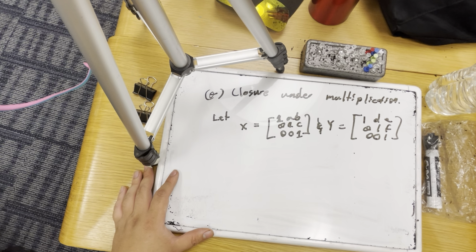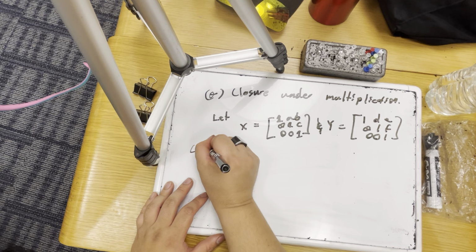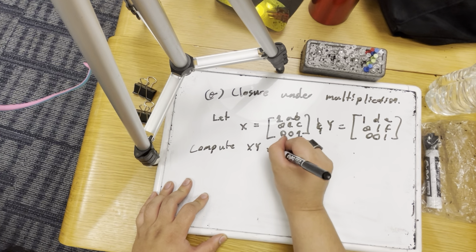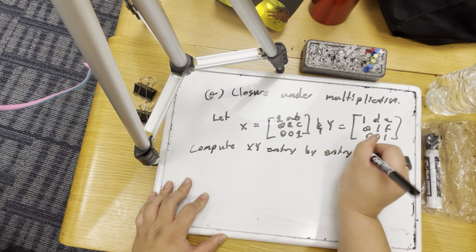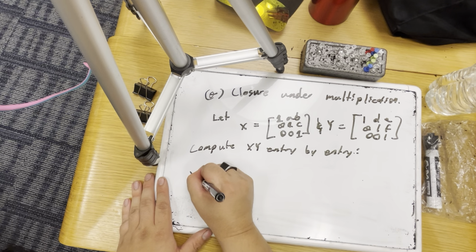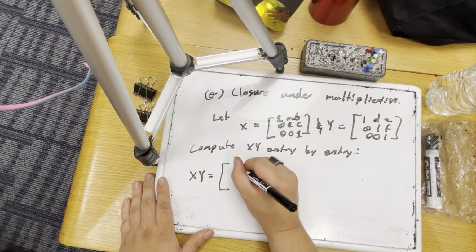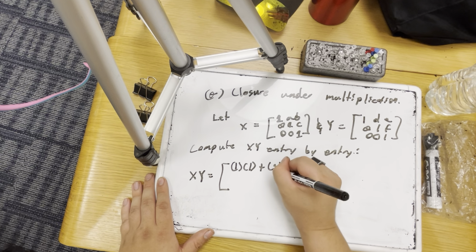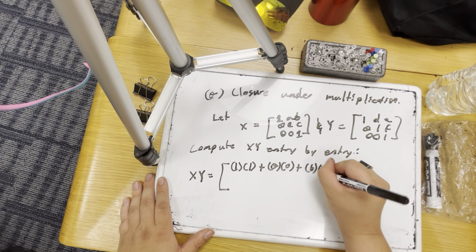So let's compute XY entry by entry. XY is equal to, well, 1 times 1 plus A times 0 plus B times 0. All right.